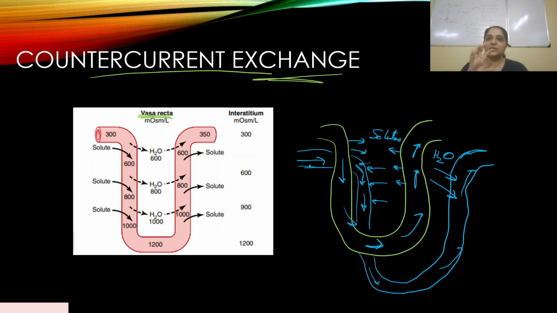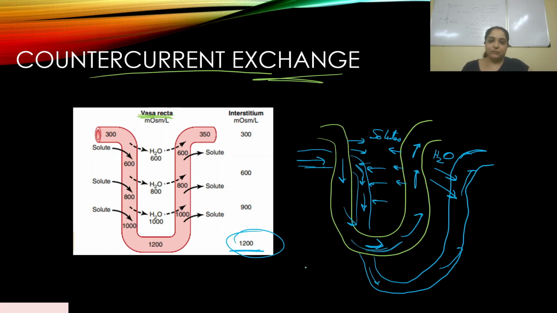Because if only solutes remain there and are not pushed up, the water keeps diffusing into that system, then the whole system will break down and become dilute. We don't want that. We want to maintain a concentrated region, and that is maintained at a maximum of 1200 milliosmoles per liter, and that is at the tip over here.